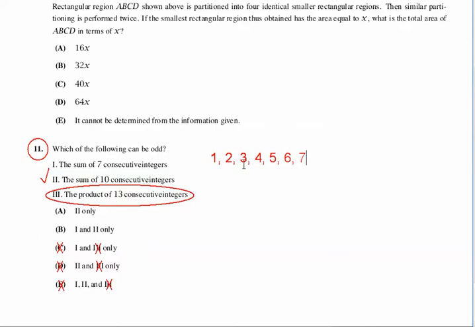But then we can leave out 1 and add 8 and add those up and find that we do get an odd number, and therefore Roman numeral 1 is also correct. It's also possible for it to be odd, and therefore the correct answer is B.